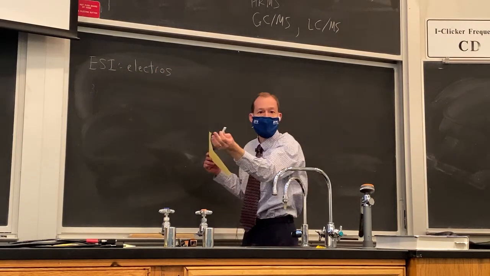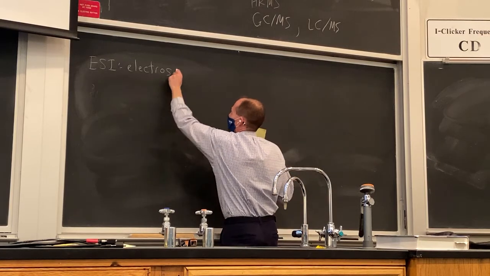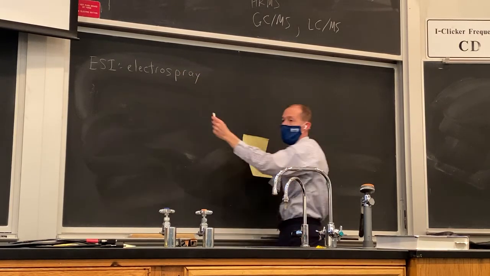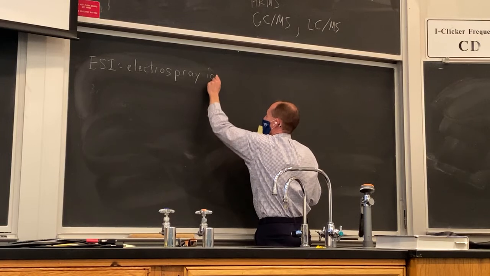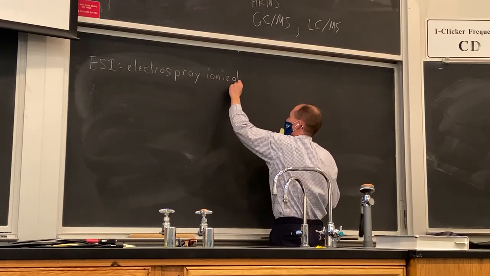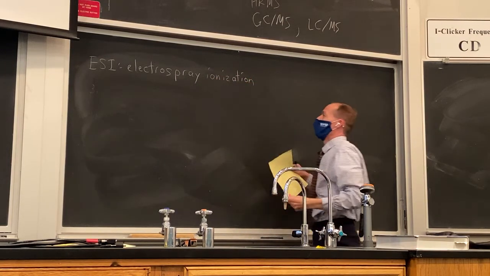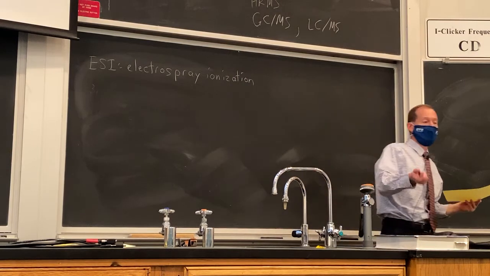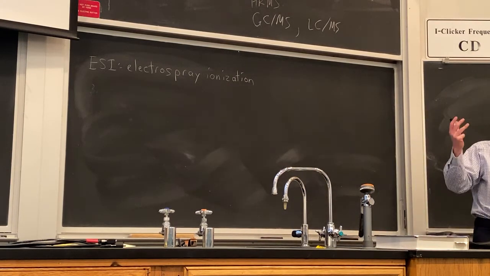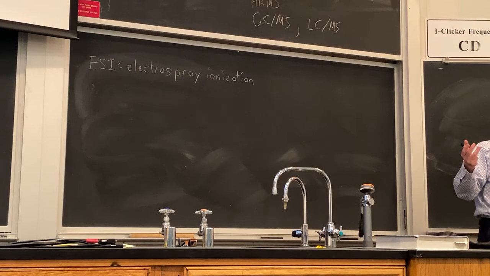One of the previous schematics we showed you of an electron impact mass spectrometer showed you that it works best with low molecular weight compounds. You have to be able to vaporize your analyte molecule in order to use EI.